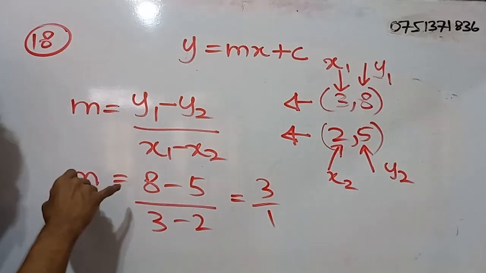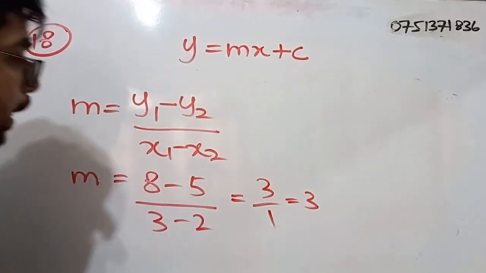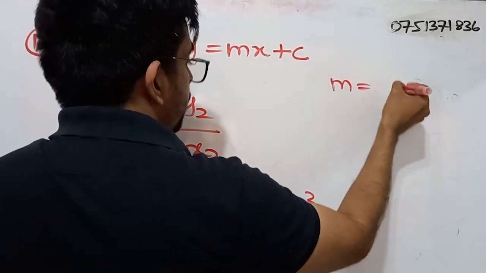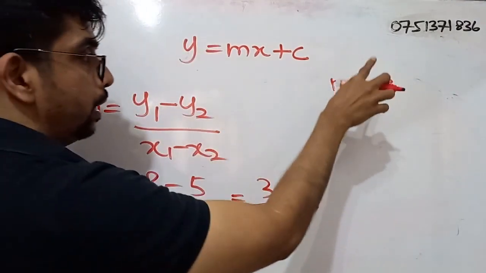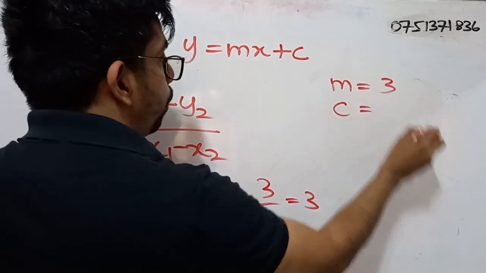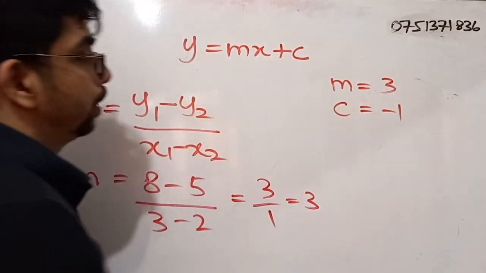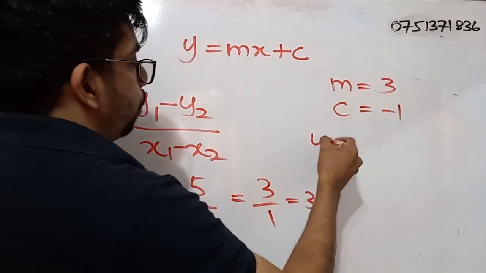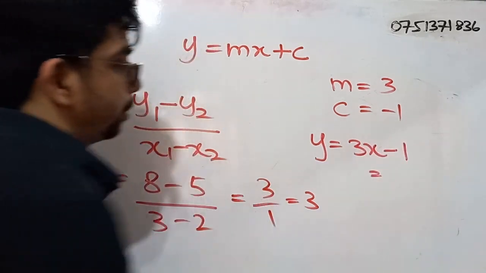So what is the value of m? This is simply equal to 3. Okay, so now we know the value for the gradient, which is m, is 3. So this is positive 3, right? And the value for y-intercept, that is negative 1. So what will be the equation of the graph? Y equals 3x minus 1.